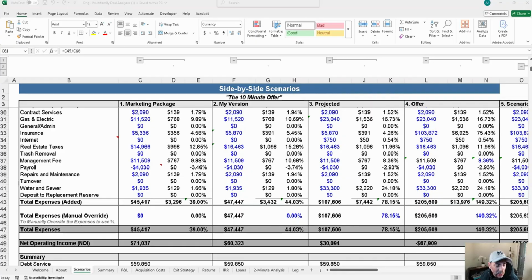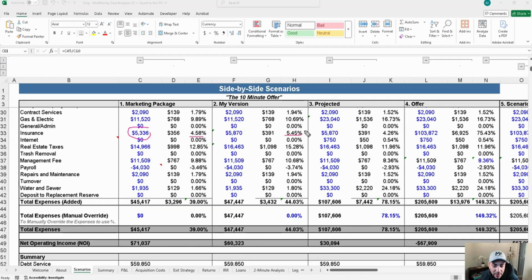I'm copy pasting basically the same amount of expenses. I don't think that we're going to see much change; the expenses here are very controlled, if that makes sense. The only thing that I increased a little bit, if you notice here, is the insurance. It was $5,336, which is 4.55% of the gross.